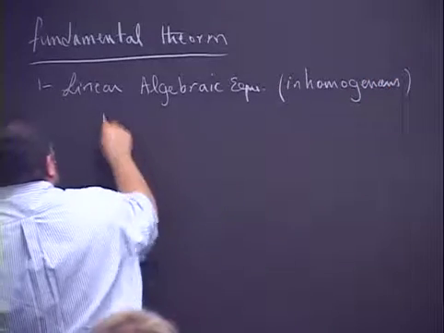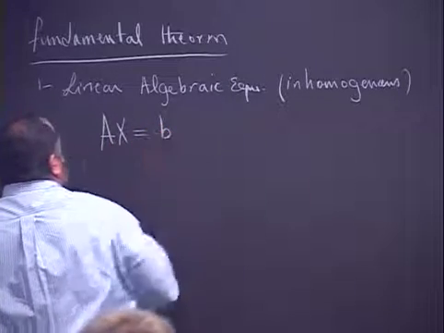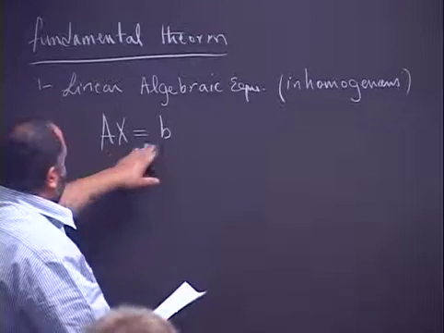So matrix A multiplied by the vector X is equal to the vector B.